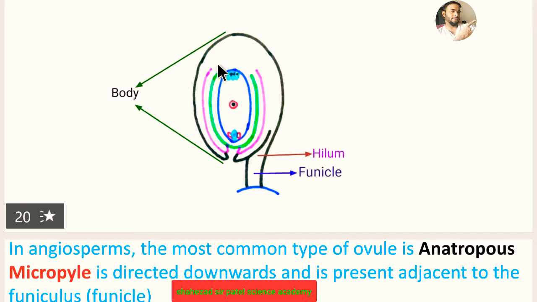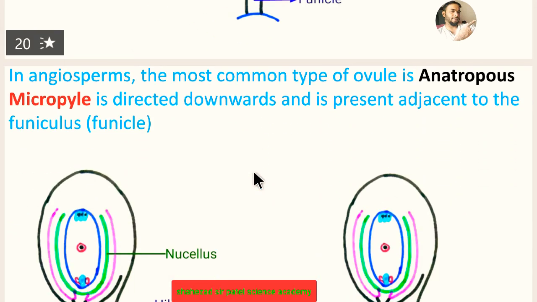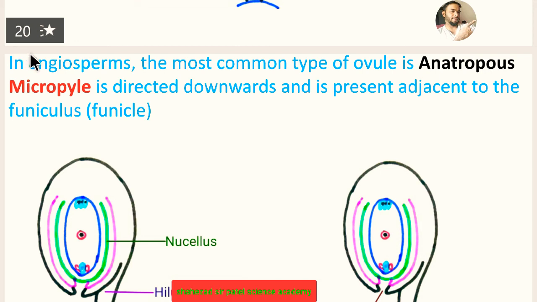So, dear students, you can see here this is the body of the anatropous ovule. This is the funicle, the link between the body and the placenta, and the body of the ovule is attached with this funicle by this point. That point is called hilum. So hilum is the point of attachment of the ovule and funicle. In angiosperms, the most common type of ovule is the anatropous ovule.